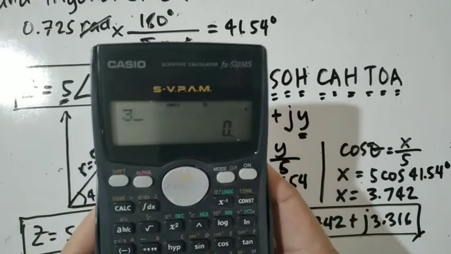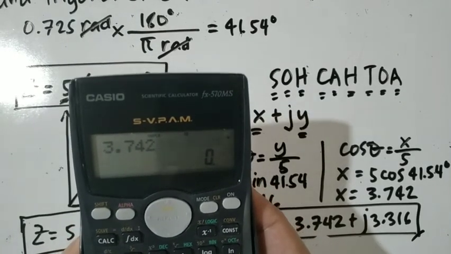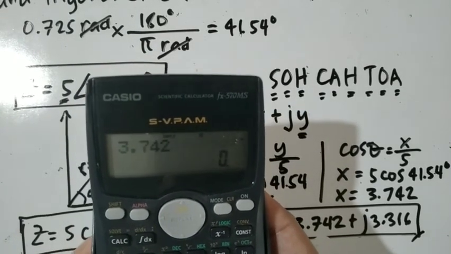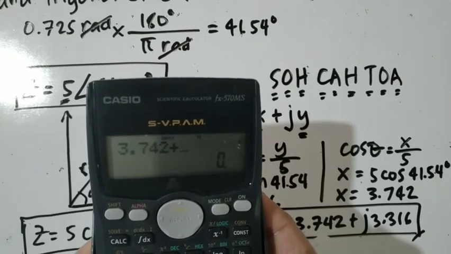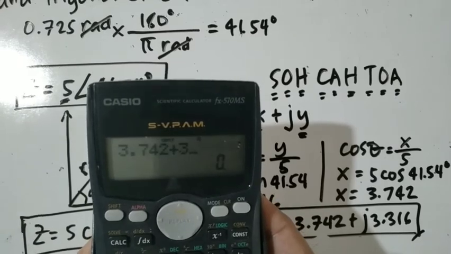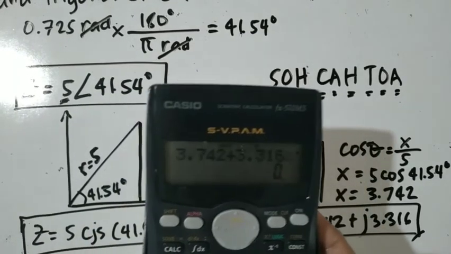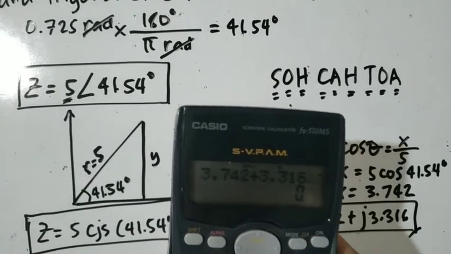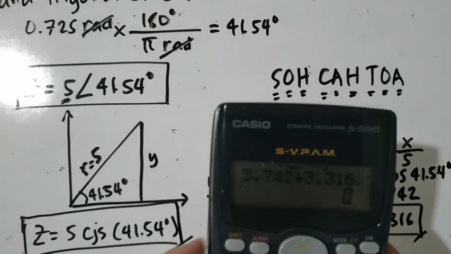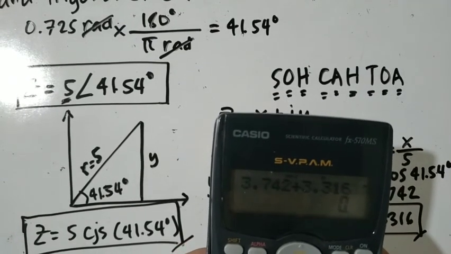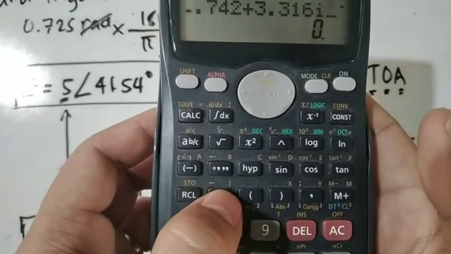So 3.742 plus 3.316, and then we need to find the i, which is the imaginary number, and as you can see the i is here.